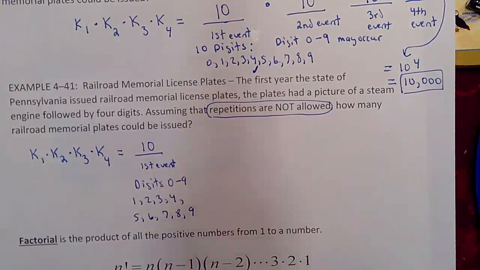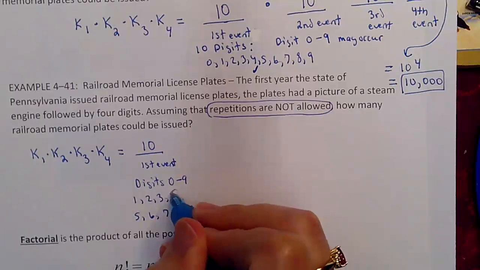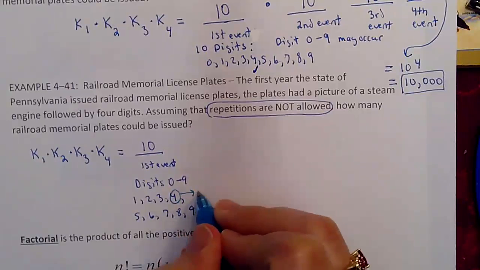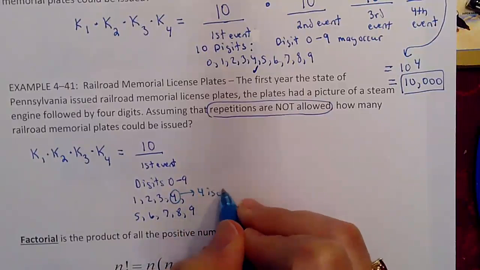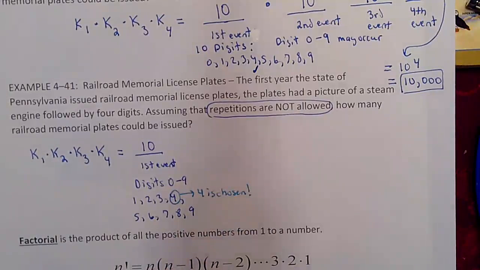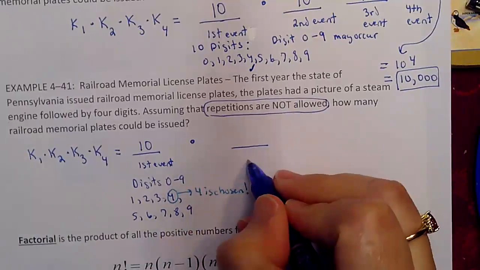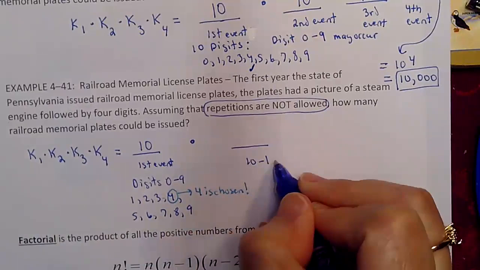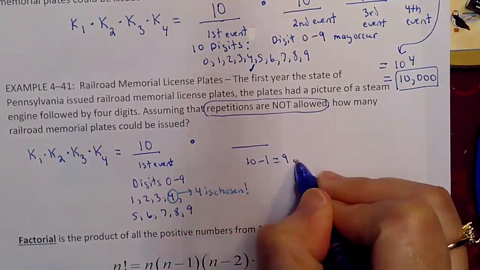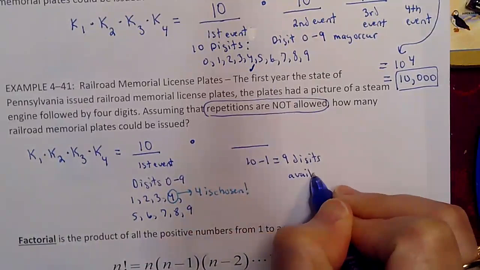But let's say that 4 is chosen. So now when you choose your second event, it's going to be 10 minus 1, which is 9 digits available.